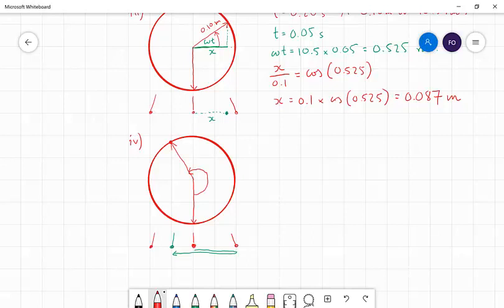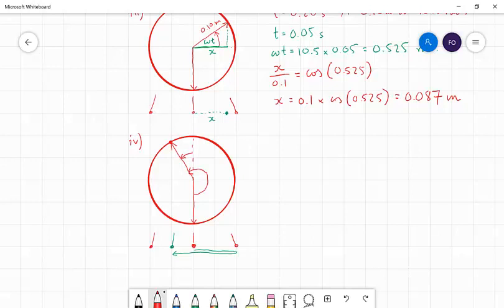And we know that the time it takes to complete a full half cycle is going to be exactly half the time period. So if we can just work out what this time is, then we will know how long it took.